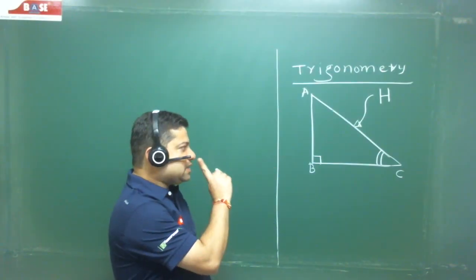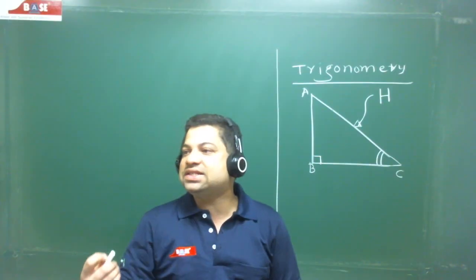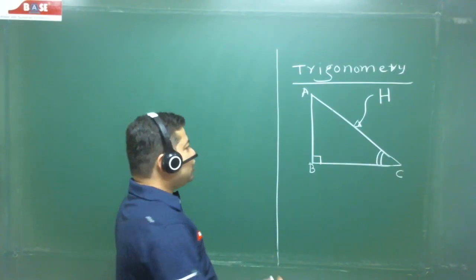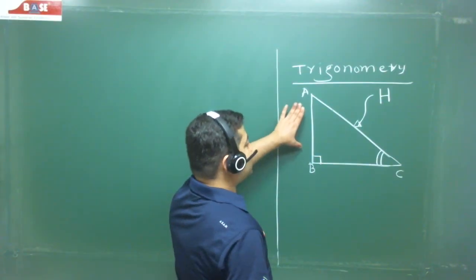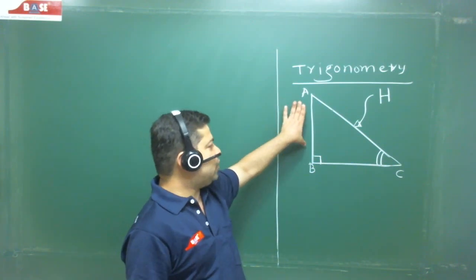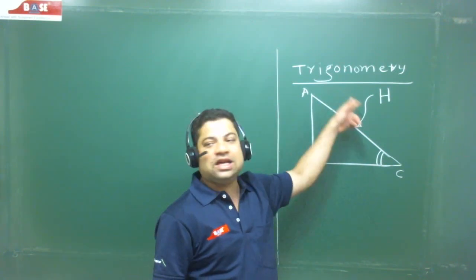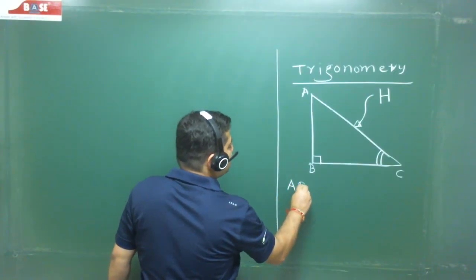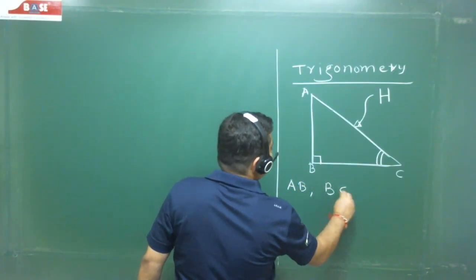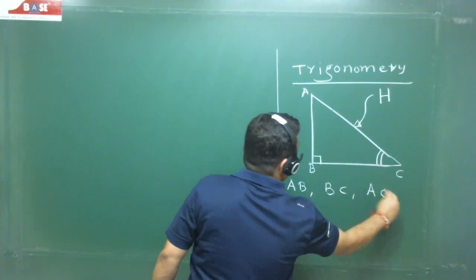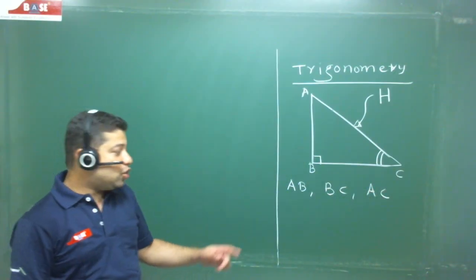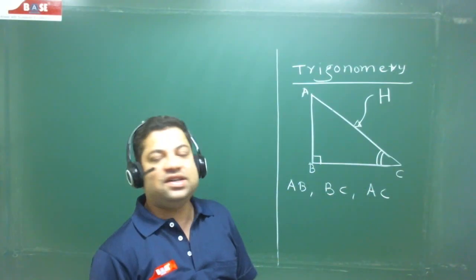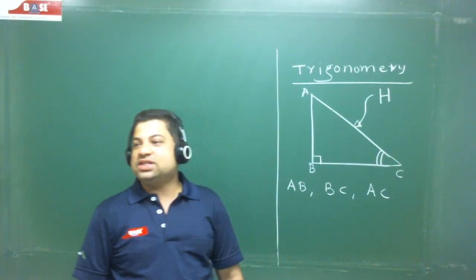Can you tell me, in this case we have six sides, right? Sorry, three sides we have, not six. So AB, BC and AC. Fine. So how many ratios can we define by taking these three sides?